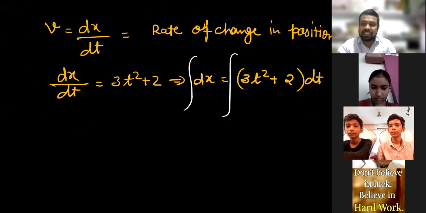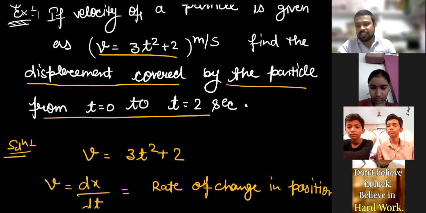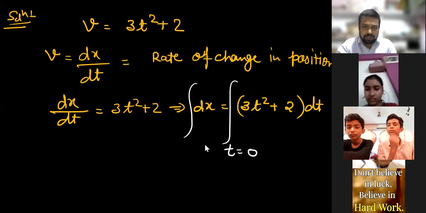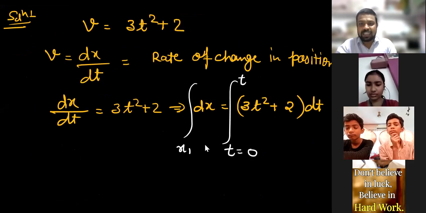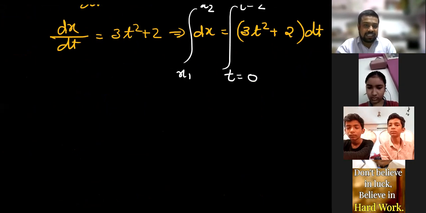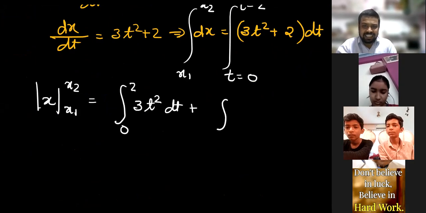The question says that at t equal to 0, the initial position is x1, and at t equal to 2, the final position is x2. So as we know, the integration of dx is x, with limit x1 to x2, and the integration from 0 to 2 of 3t square dt plus the integration from 0 to 2 of 2 dt.